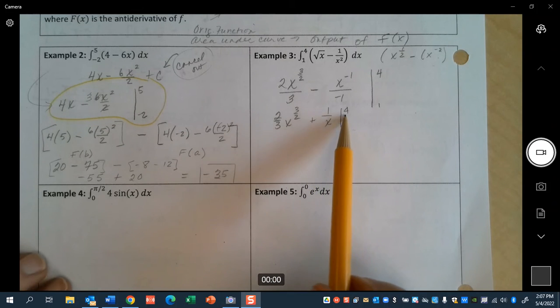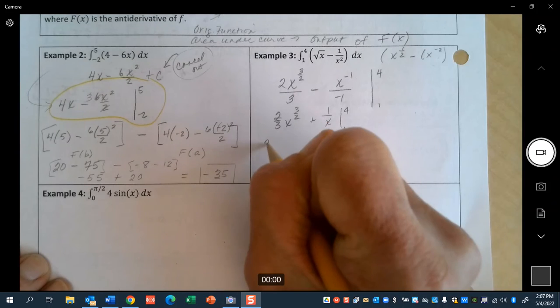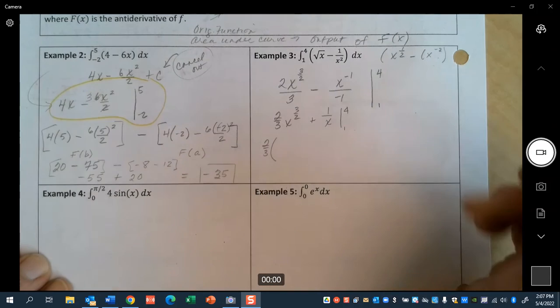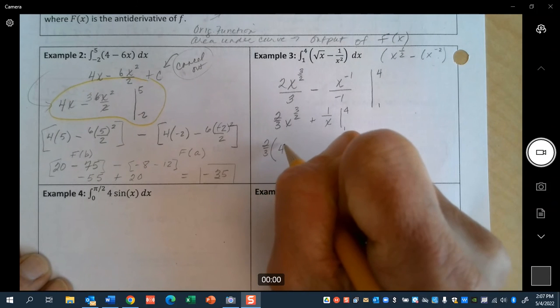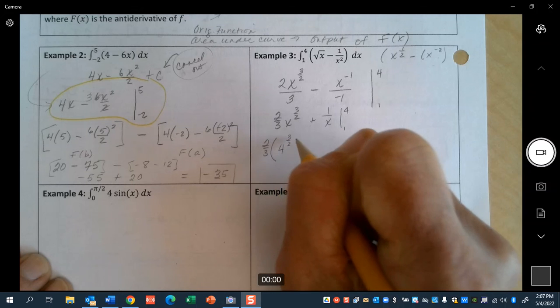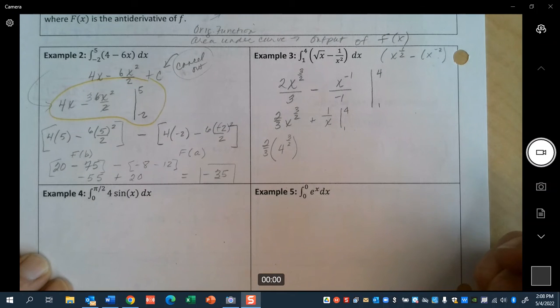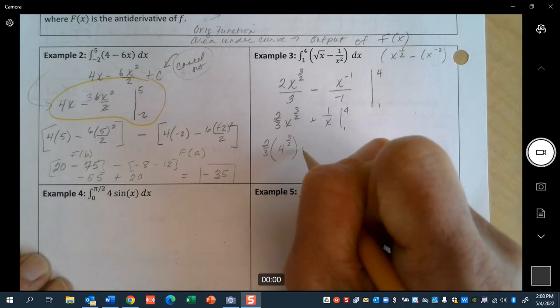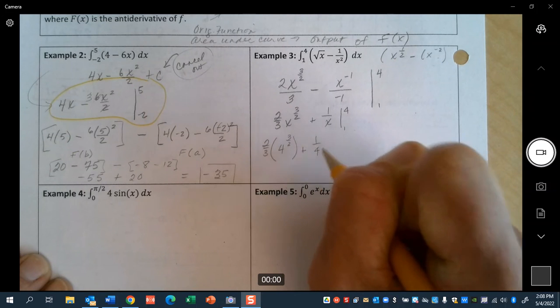So we'll do our upper boundary first. 2/3 times 4 to the 3/2 power plus 1 over 4.